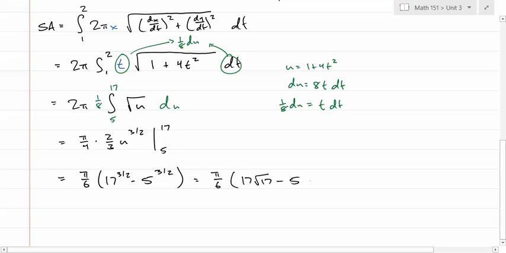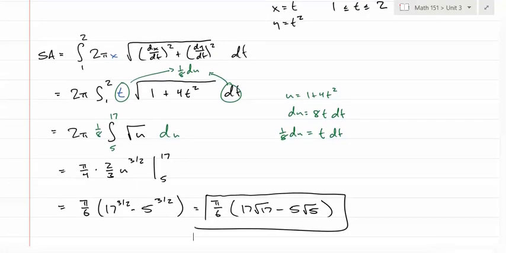Another common way to write the 3/2 power is like this: that's the first power, that's the half power. Multiply them together, you get the 1.5 power. Same thing there. So that would be the exact surface area of that surface.